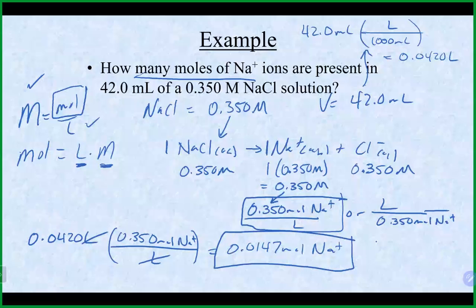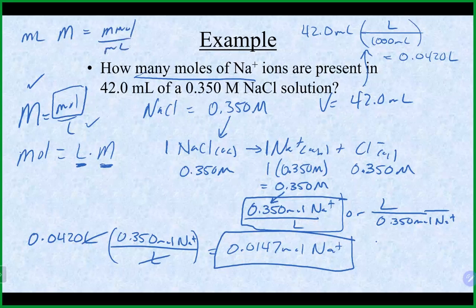A reminder as well, as I think we talked about last time, that you can multiply milliliters times molarity, but what you get is not moles. You get millimoles, which would put you off by a factor of 1,000 in this case. It's okay if you divide by milliliters because the millis will cancel and leave you with molarity.